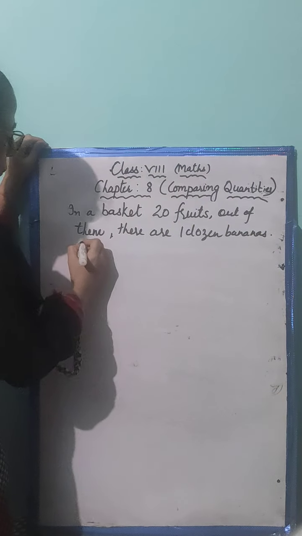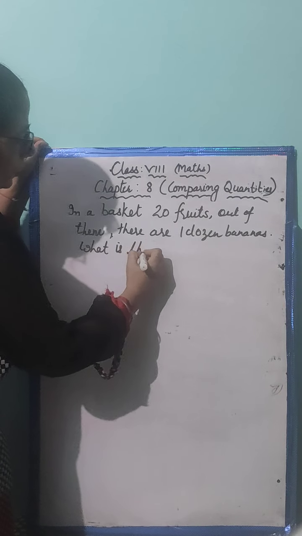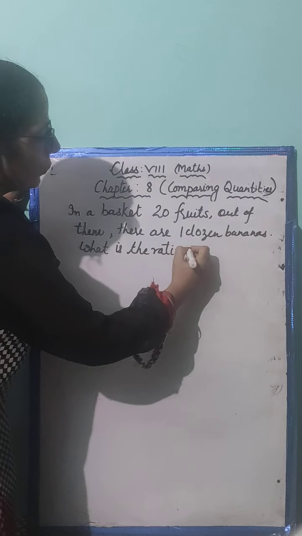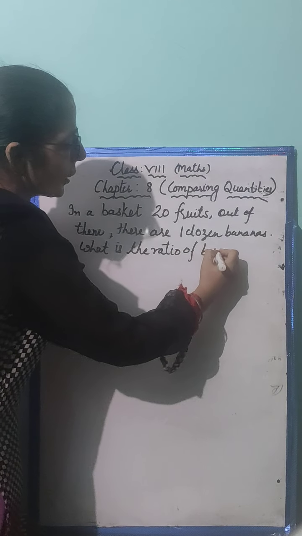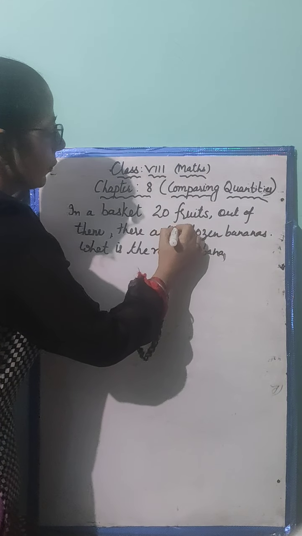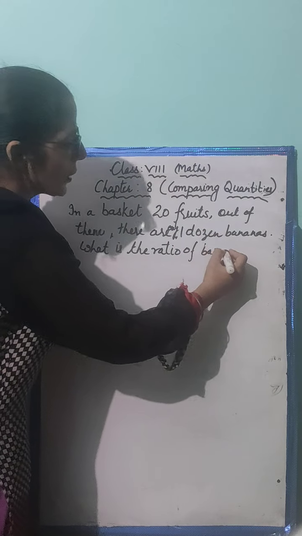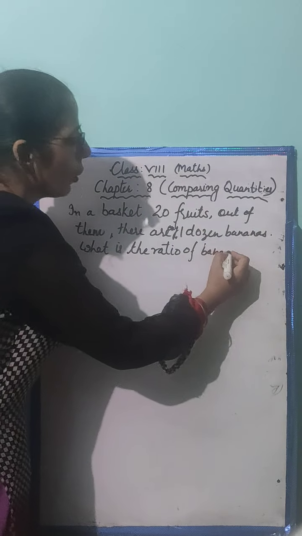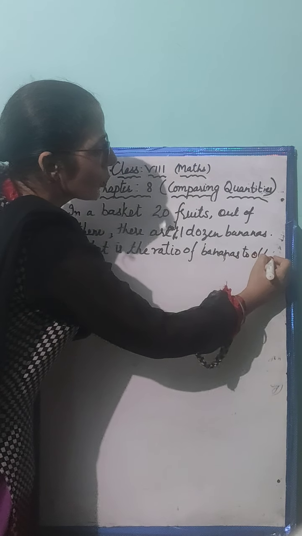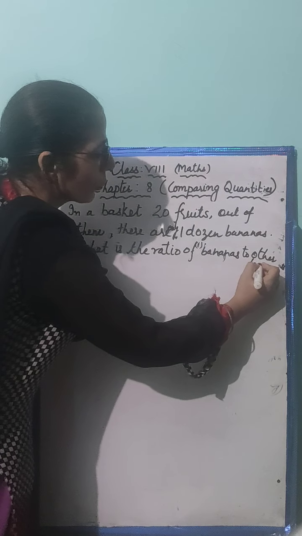What is the ratio of bananas? If there are only 1 dozen bananas, it means others are not bananas. What is the ratio of bananas to other fruits? First part, bananas to other fruit.